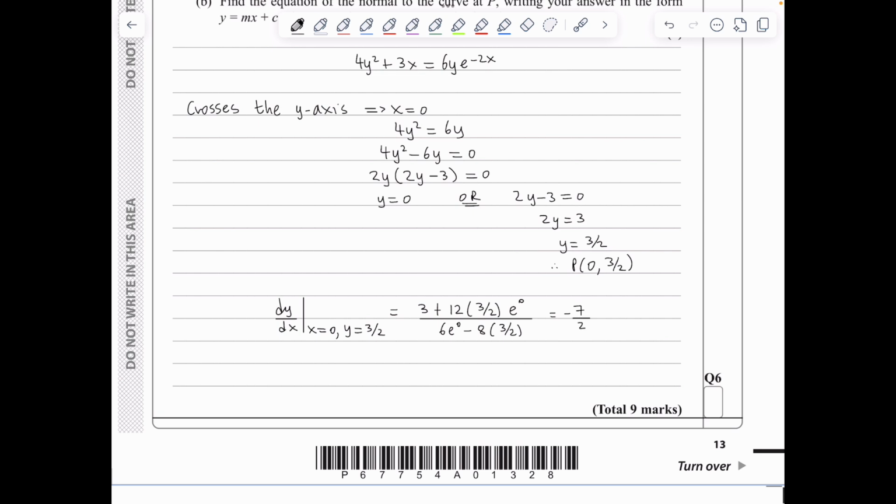And therefore, since we're looking for the normal, I will flip and change the sign. So the gradient of the normal is 2 over 7. We know that this straight line has a gradient of 2 over 7. It cuts the y-axis at 3 over 2. So its equation should be y is equal to 2 over 7 x plus 3 over 2.